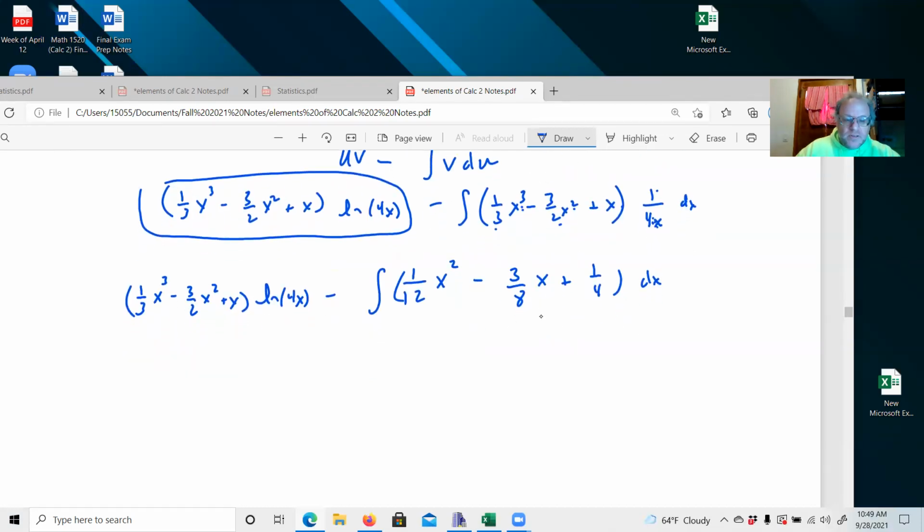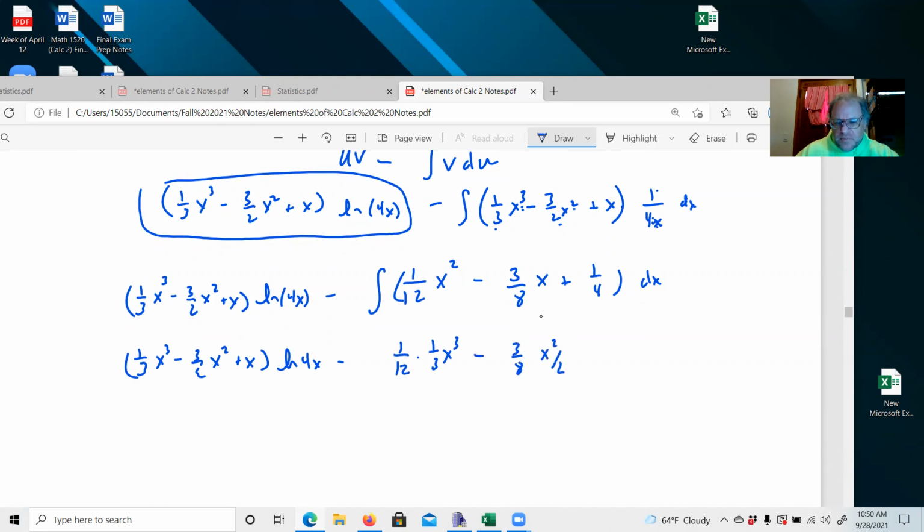Okay, so this is 1/3 x cubed minus 3 halves x squared plus x times ln 4x, minus, and then we have 1/12 times 1/3 x cubed minus 3/8 x squared over 2, plus 1/4 x plus c. Don't forget.